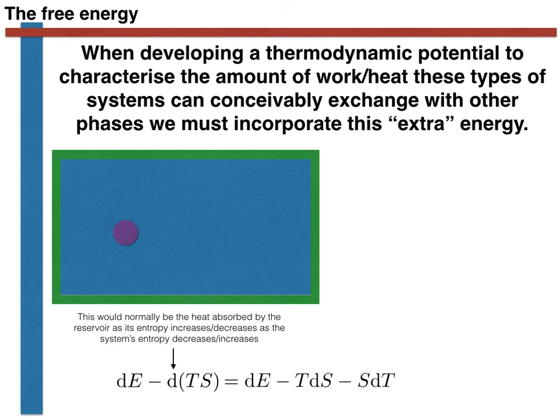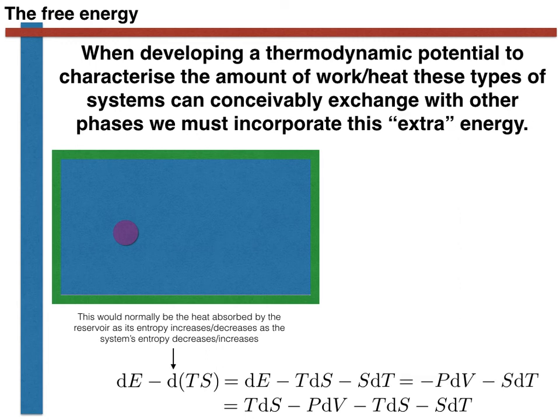We then remember that we could write the dE as TdS minus PdV. The factors of plus TdS and minus TdS then cancel, and we arrive at the following infinitesimal, which is the amount a new thermodynamic potential, called the Helmholtz free energy F, changes when the volume or temperature of the system is changed.